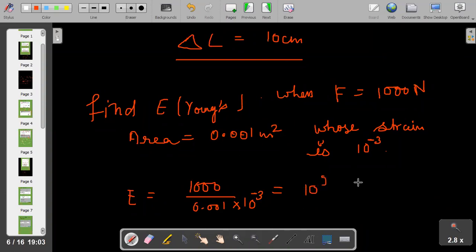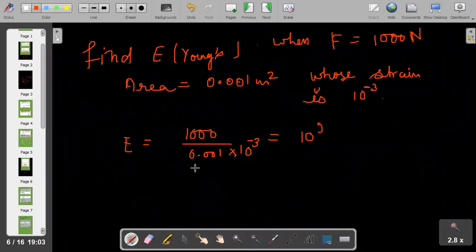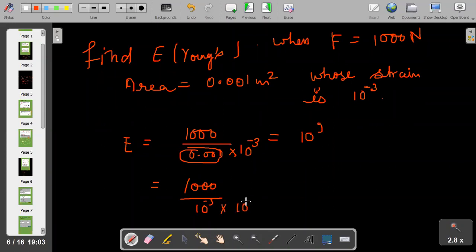This can also be written as 10 to the power minus 3 into 10 to the power minus 3. It will be 10 to the power 9. Okay?